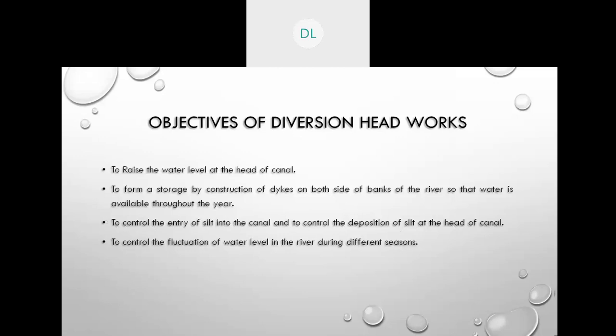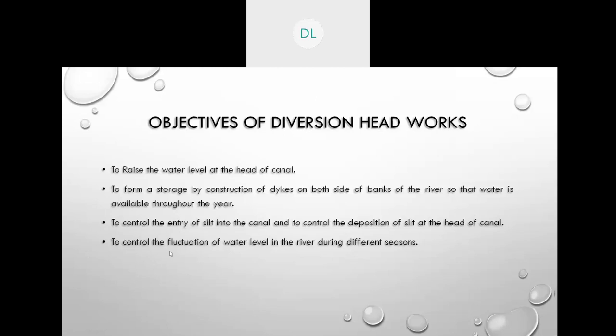This third objective is not that simple to understand, that is, how we can control it through a basic simple design. So the IS code defines various structure geometries for the different structures, so that they do not allow entry of silt first. If it has entered, then how it can be ejected out of the system is also required.